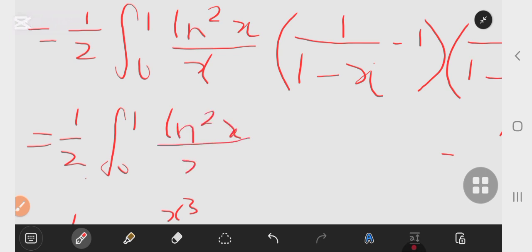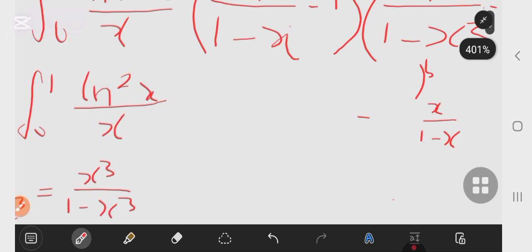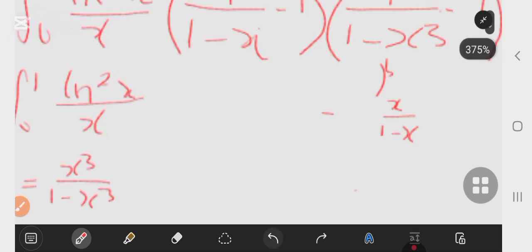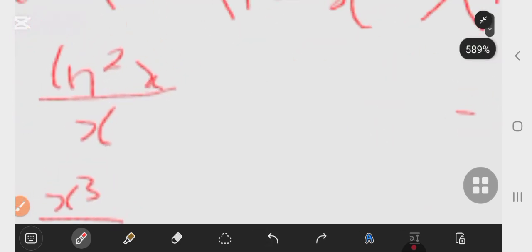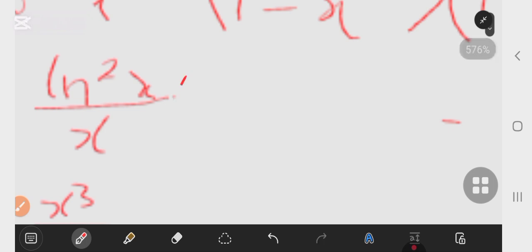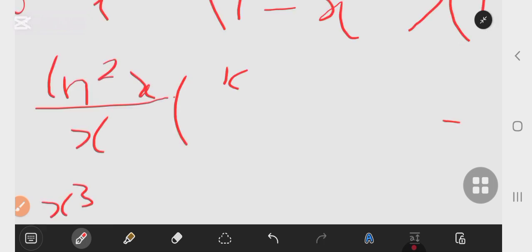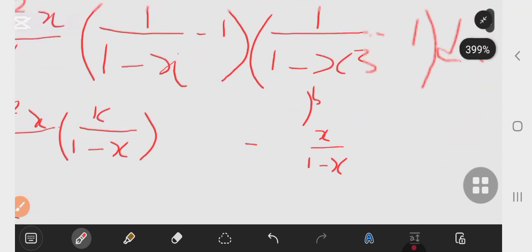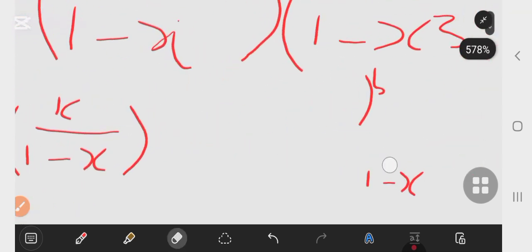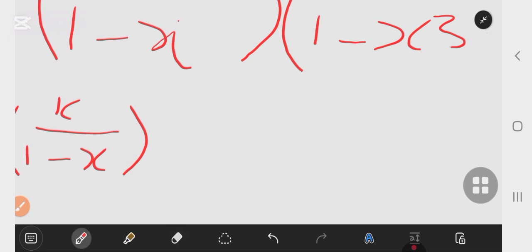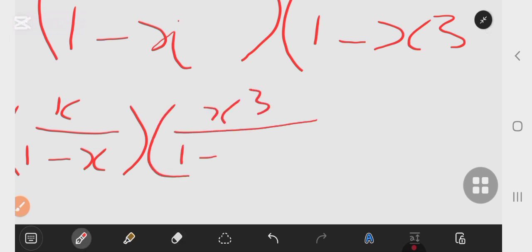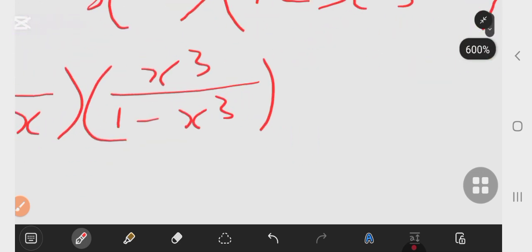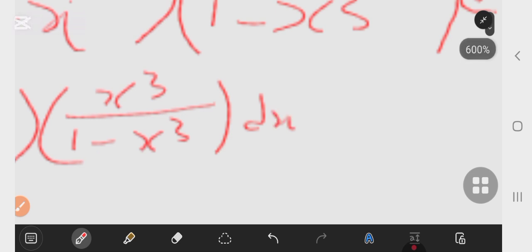Then here, this one gives me x all over 1 minus x, then multiplying the next one, x cubed all over 1 minus x cubed, dx.